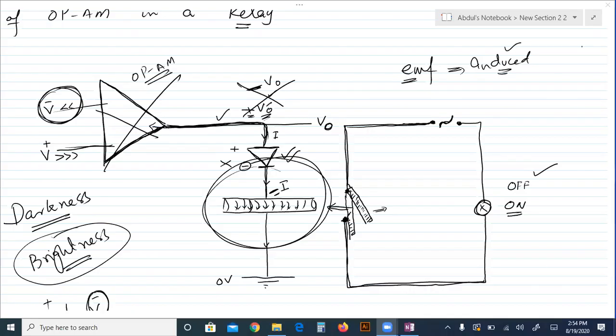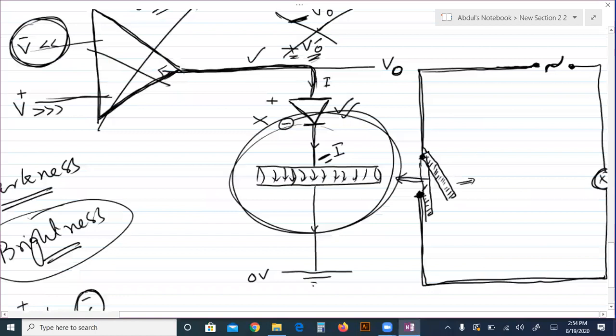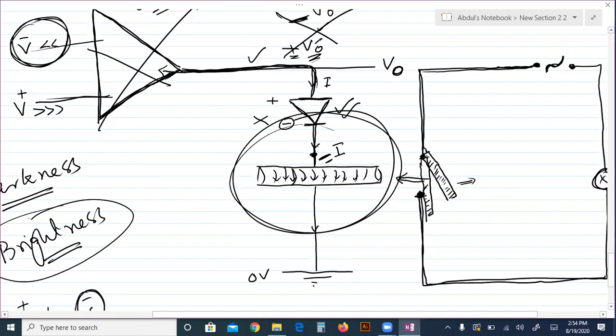Now to fix this problem, another diode is connected with this circuit, and that diode is called protecting diode. Look, this is the junction, this connection, and this diode is connected here. And this is DP, protecting diode.